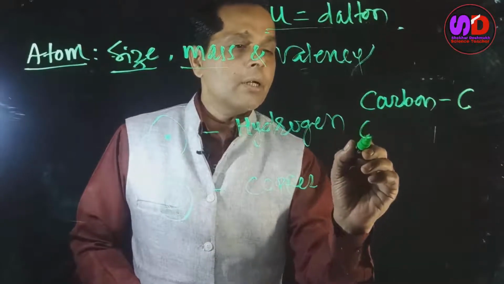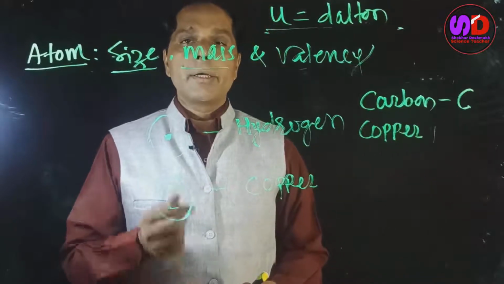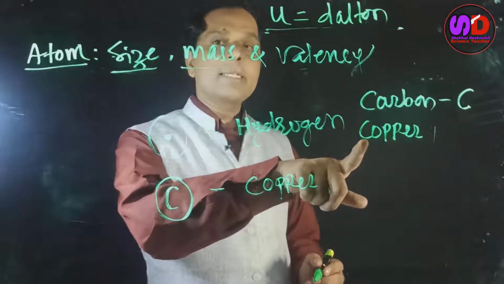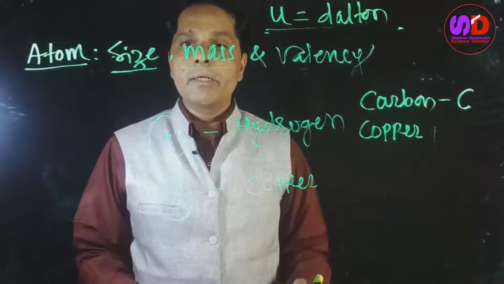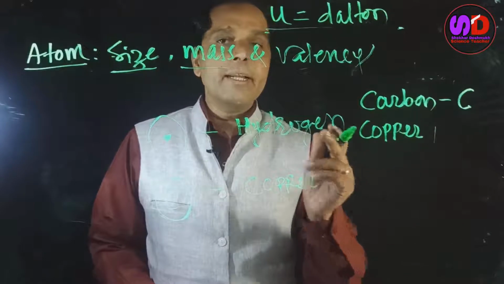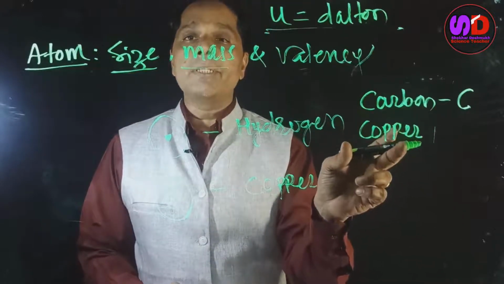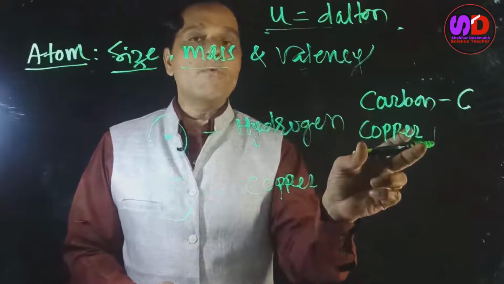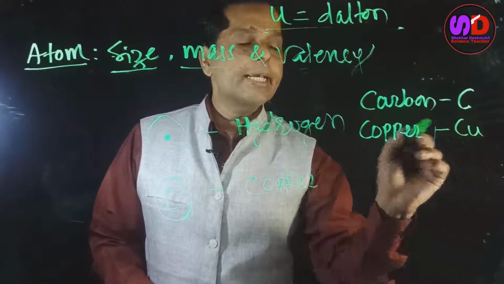But copper has first letter C again, which is used for carbon, so we cannot use it for copper. So for copper, the actual name is cuprum, and therefore Cu is taken as the symbol.